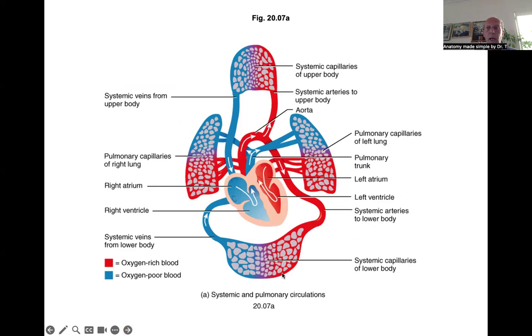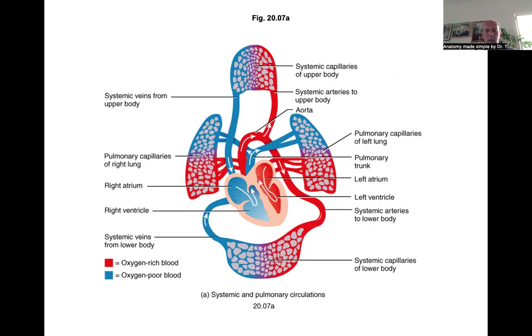Back to the diagram, which has been used before, just to confirm what we already know. So a little bit of a step backwards, so to say, to revisit. The heart being in the center of the system, being made of two atria, two ventricles, left and right side. The right side of the heart handles deoxygenated blood, which is collected from the body.